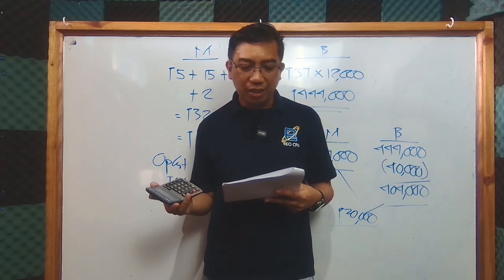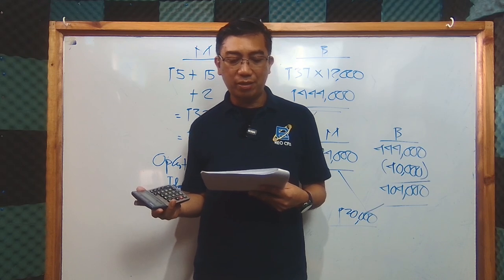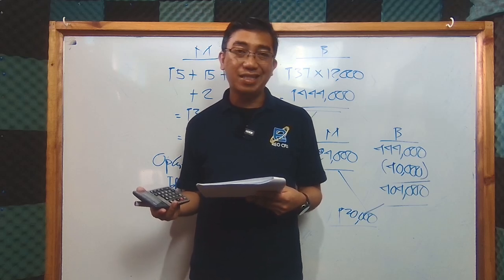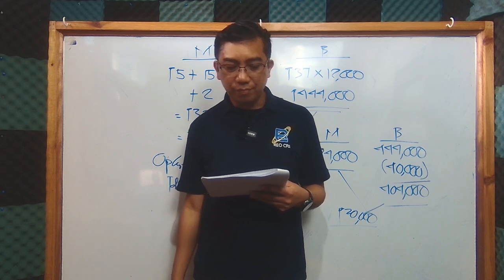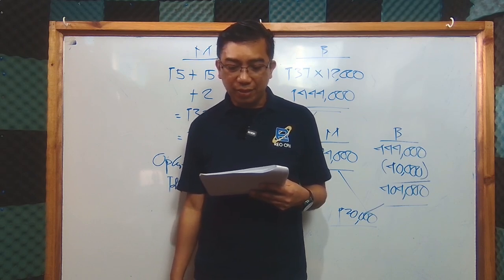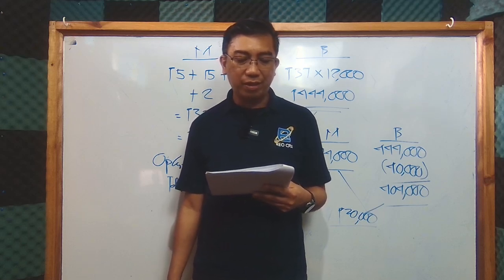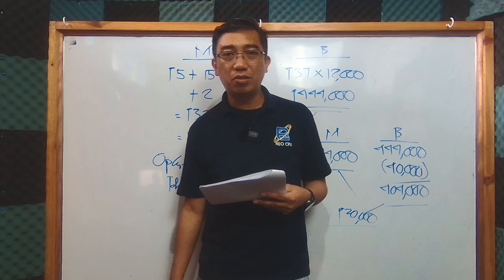And what is the relevant cost to buy? Given na. Relevant cost to buy is 1 peso and 25 centavos. How much is the difference between the two? 15 centavos, di ba? 15 cents. But please be careful, class. If Cohasset currently has idle capacity that cannot be used, accepting the offer. Ano ibig sabihin na accepting the offer? They will now decide to buy it from an outside supplier.